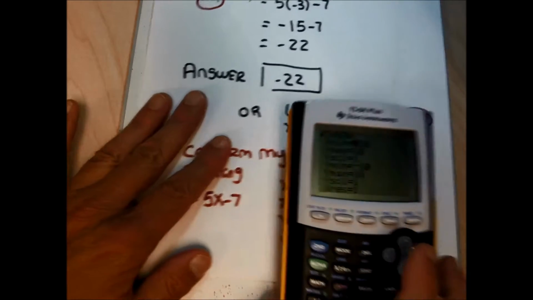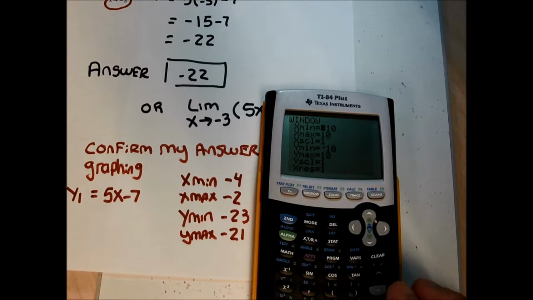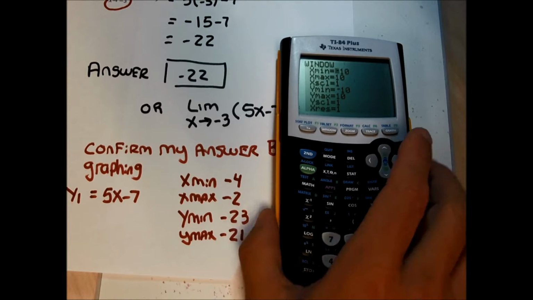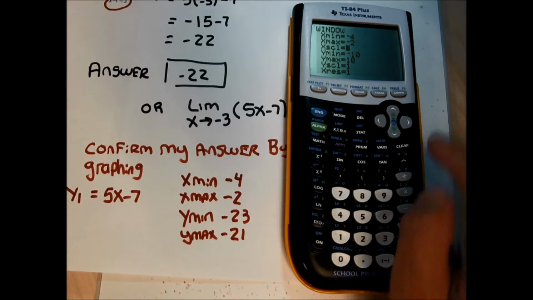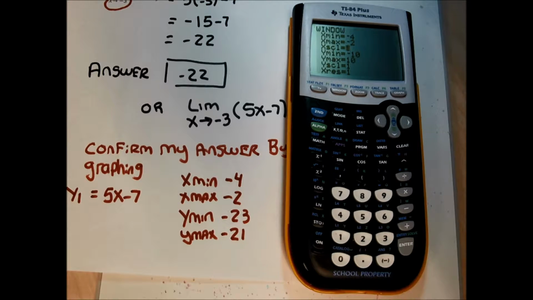So now I'm going to set the window to what I said I'm going to set it to. So I'm going to make my x min negative 4 by using the negative on the bottom row of the calculator. Then hit enter. X max is negative 2. I always leave the x scale at 1. I think that's how it makes marks on the axes. I never change that ever.